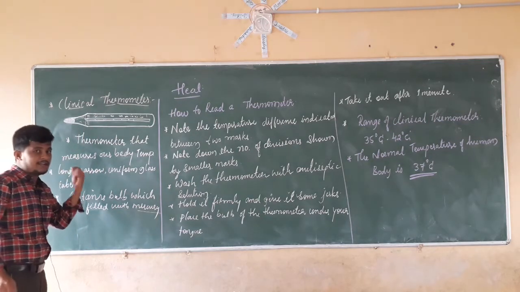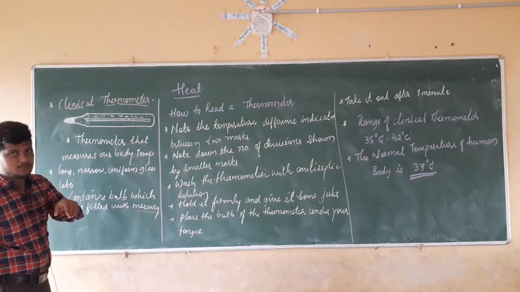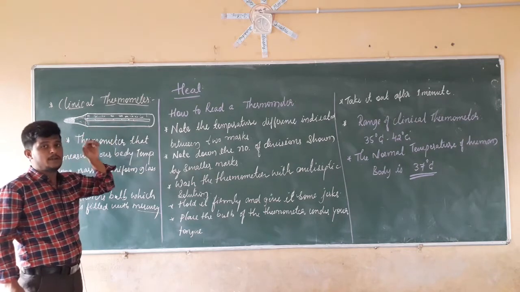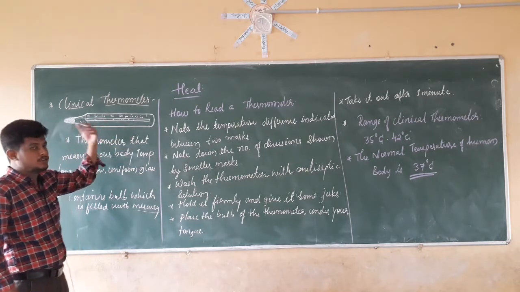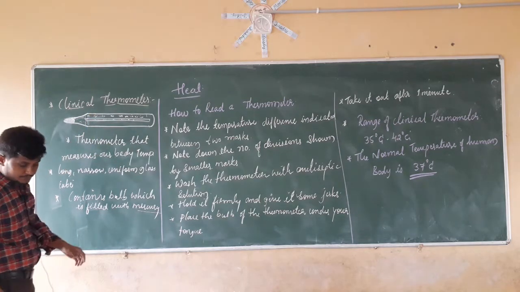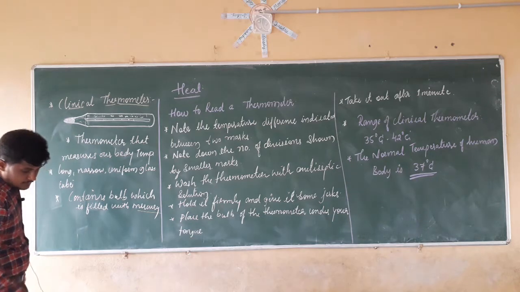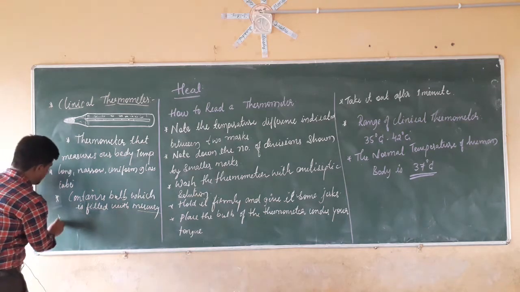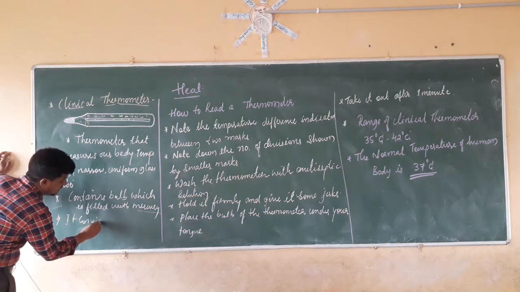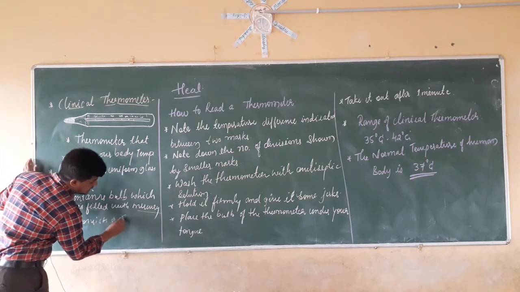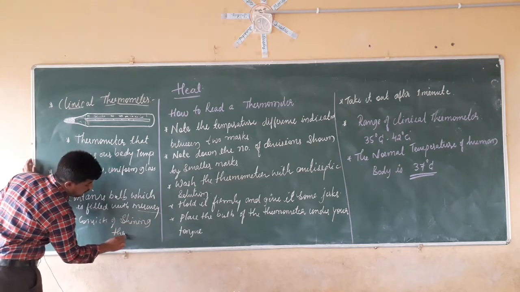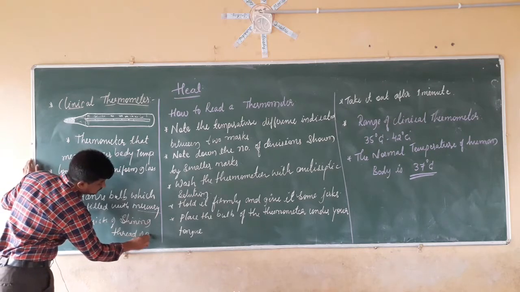When we put that thermometer inside our mouth, we are going to see the movement of mercury in this thread-like structure. The third part consists of a shining thread of mercury.